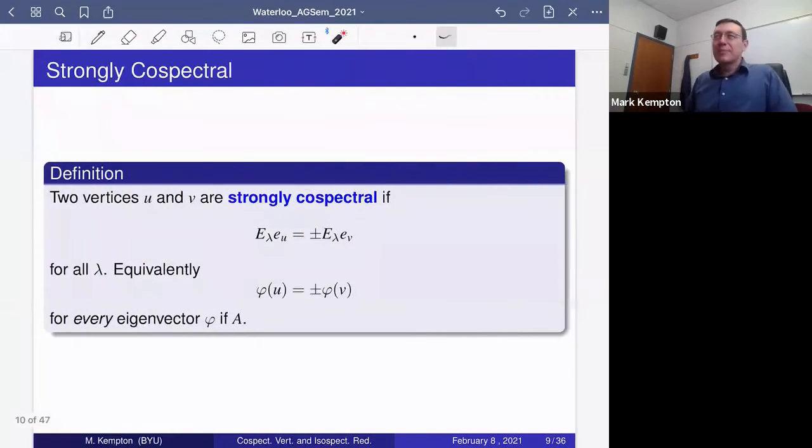Before I talk about that, let me mention there's a strengthening of this property of two vertices being cospectral called strongly cospectral vertices.